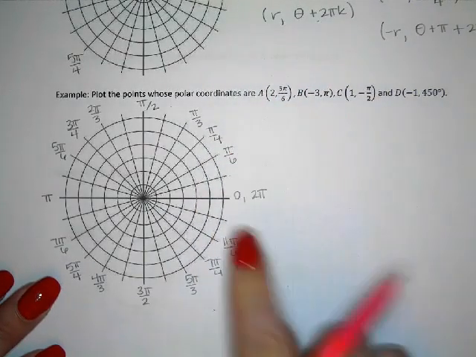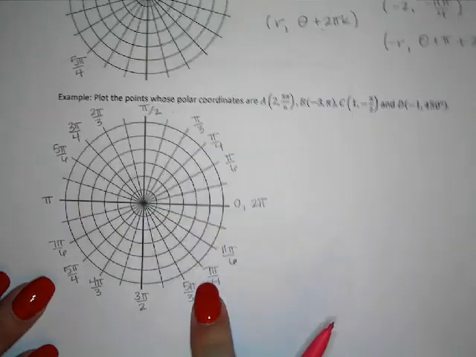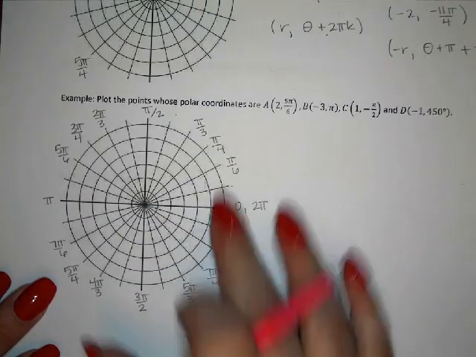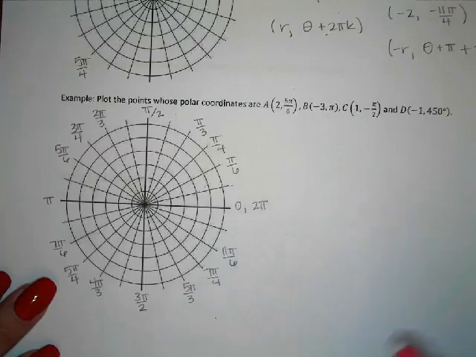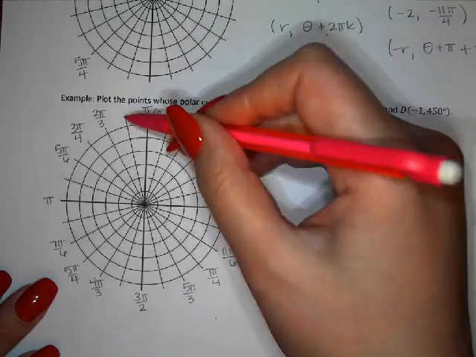It can be helpful to have at least one polar graph labeled so that you know exactly where those markings are, and to make sure that you don't accidentally mislabel these.